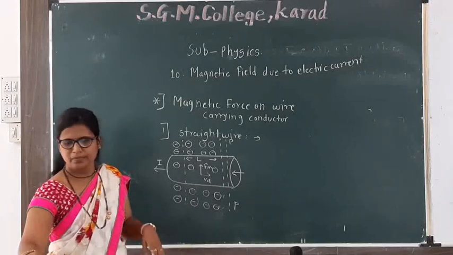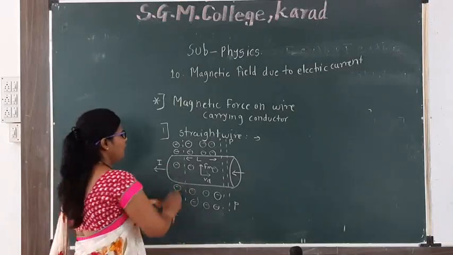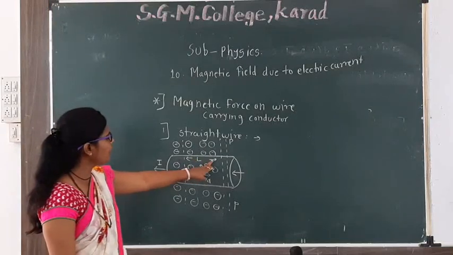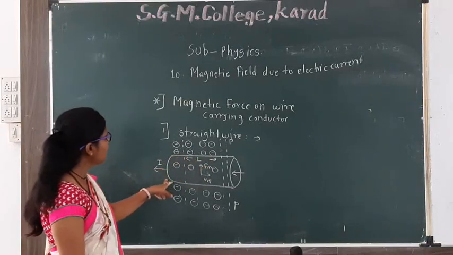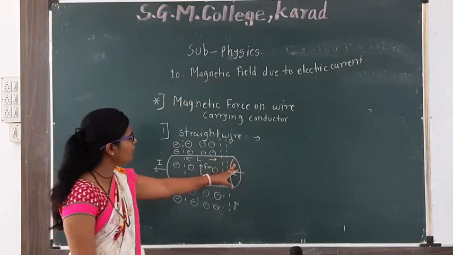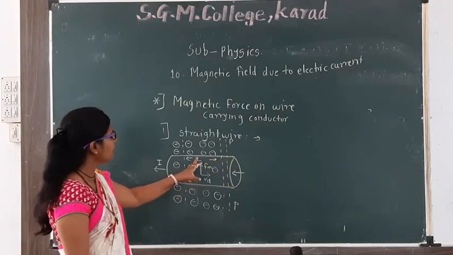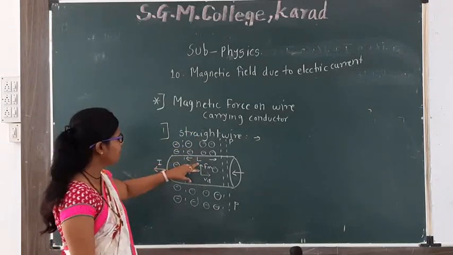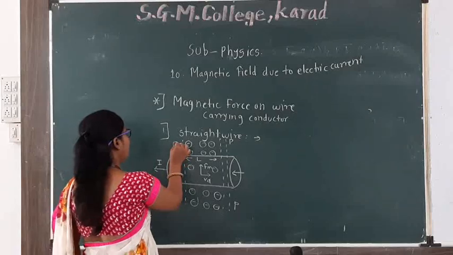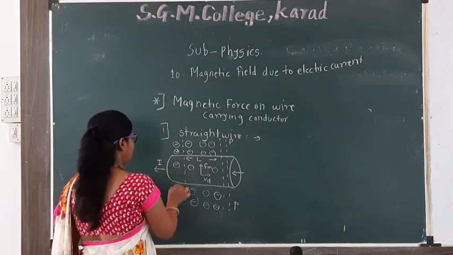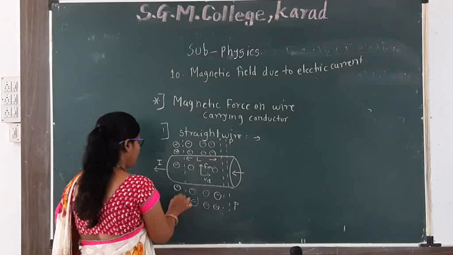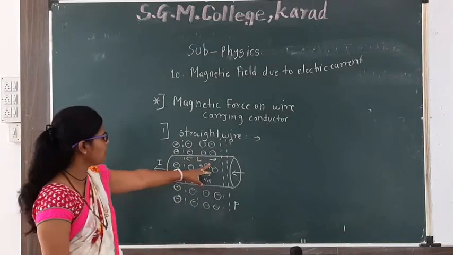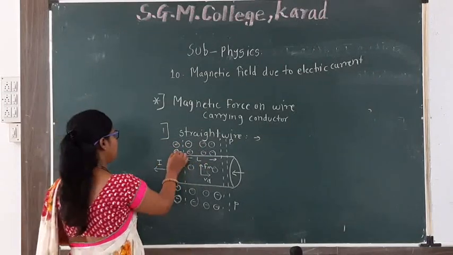This diagram is here, where L is the length of the straight wire. When an external magnetic field is applied to the straight wire, there is a potential difference exerted through it.